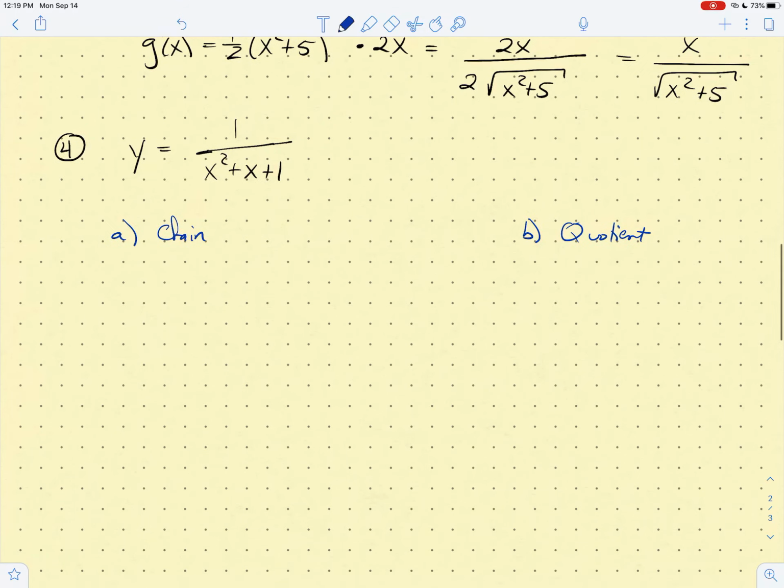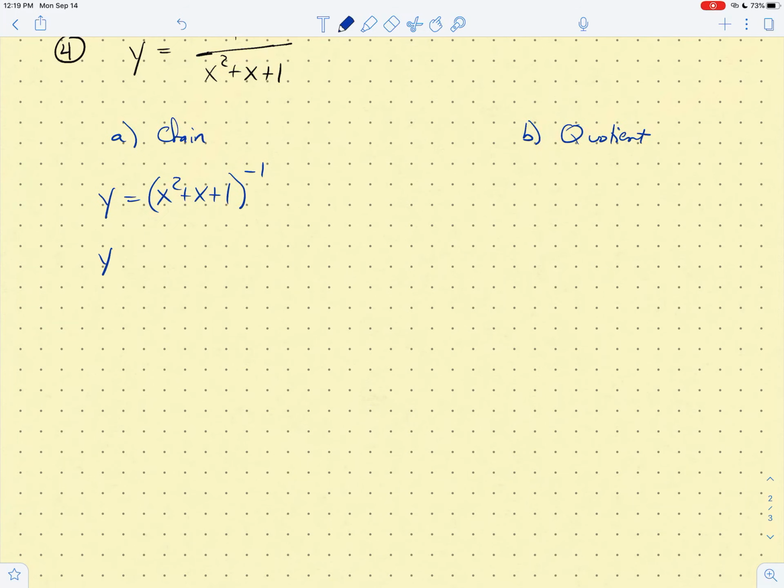So to use the chain rule here, I'm going to realize that I can write y itself as x squared plus x plus 1 all to the minus 1. And that means that y prime is going to be minus 1 times x squared plus x plus 1 all to the minus 2. That's just the generalized power rule on this thing.